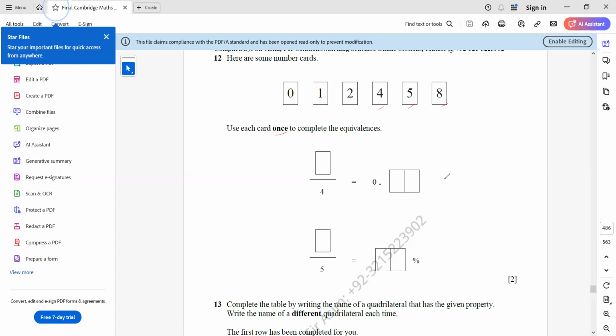Okay. Something divided by 4 equals 0 point something. And then we have got 2 decimal places. A quarter of something. And the number is lesser than 1 because it starts from 0. So that should obviously be a quarter, that is 0.25. So 1 by 4 could be 0.25.